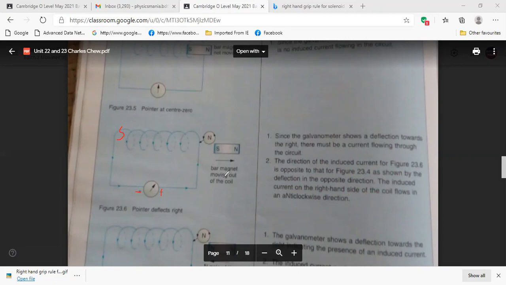So you draw this diagram with the correct symbol of the current, then write what I am writing.